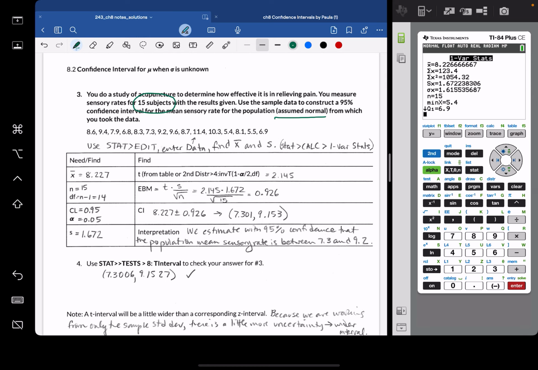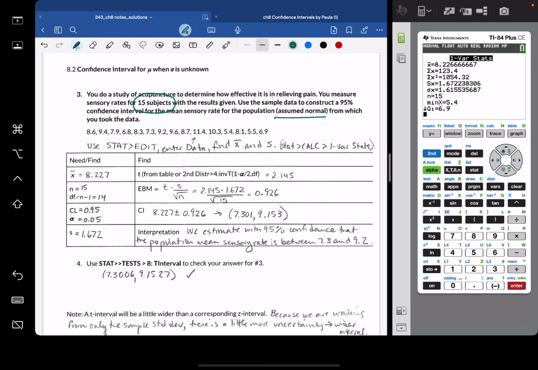And you can see that X bar is 8.22666 repeating. So I could say 8.23. But for some reason, it recorded it as 8.227, which is fine.